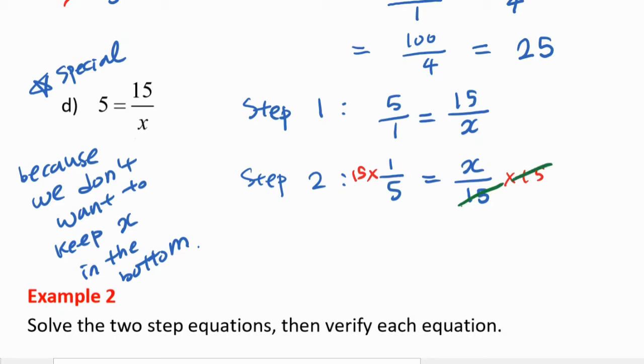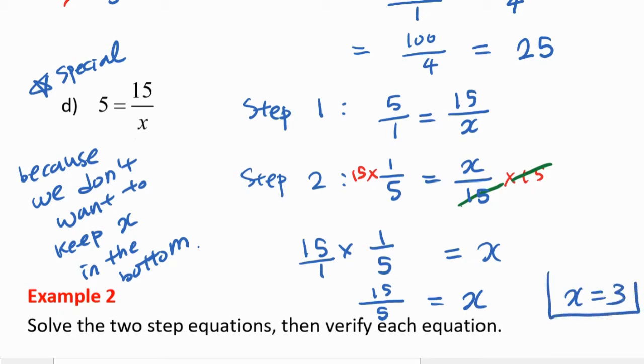This will cancel, x will be isolated, and I have 15 times 1 over 5. And 15 is the same as 15 over 1. Then 15 times 1 equals 15, 1 times 5 equals 5. x is 15 over 5, and 15 over 5 equals 3. So x equals 3. This is the answer.